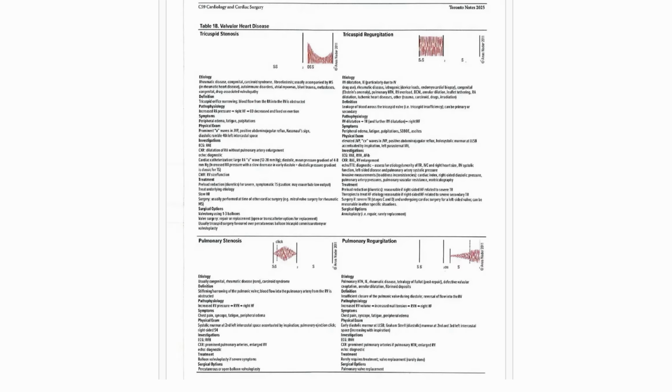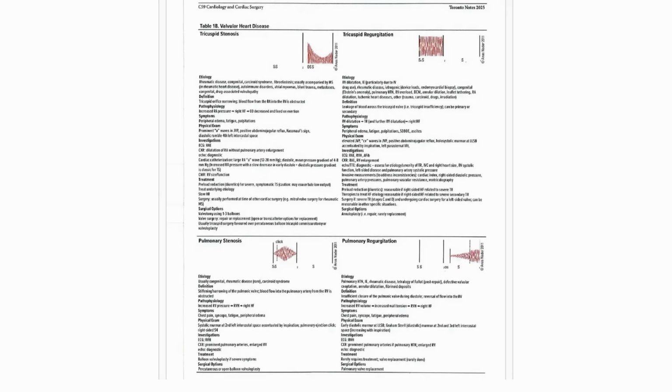Investigations. According to Table 18, ECG demonstrates right ventricular hypertrophy. Chest X-ray may show enlarged pulmonary arteries and pulmonary hypertension together with right ventricular enlargement. Echocardiography confirms the diagnosis and evaluates severity.